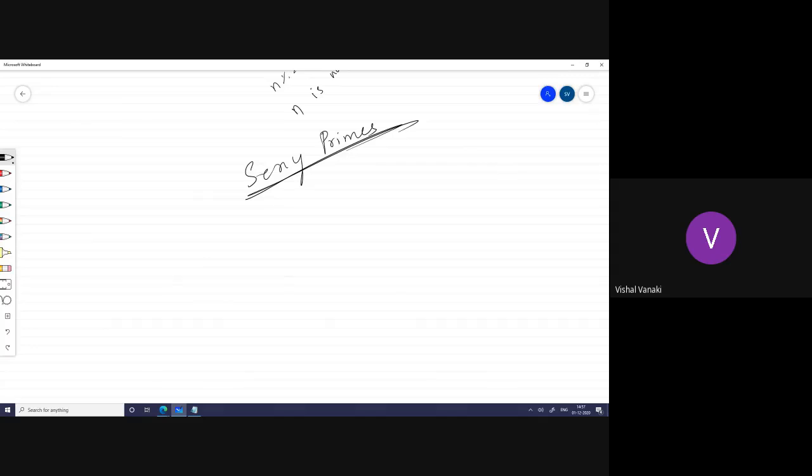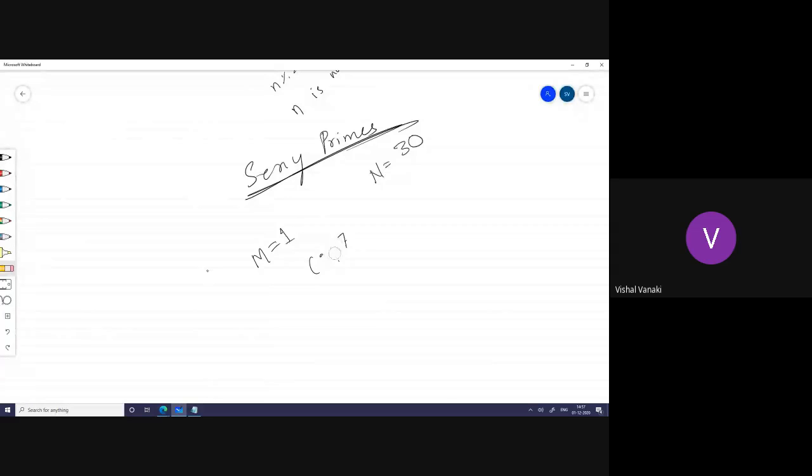Now, let's say the given range is m equal to 1 and n equal to 30. So you need to print the prime numbers whose difference is 6. That is, 2 and 7, sorry, 2 and 7 difference is 5.